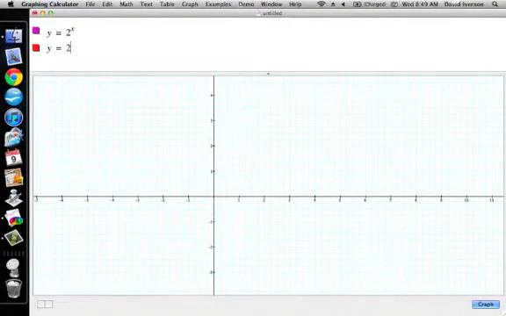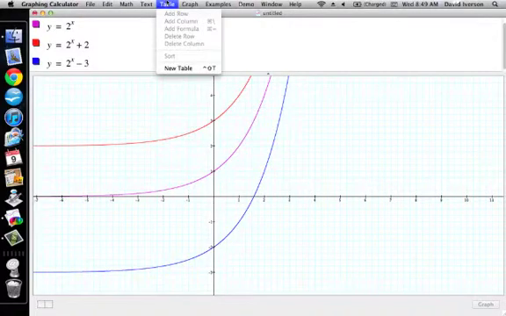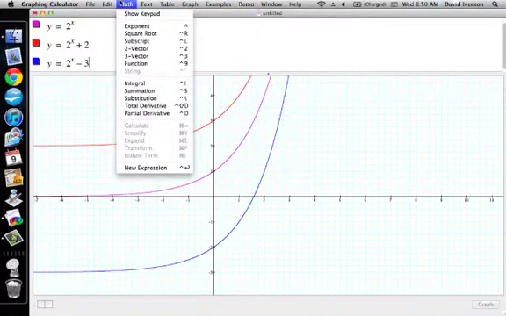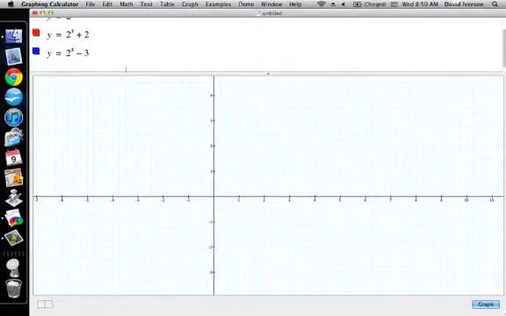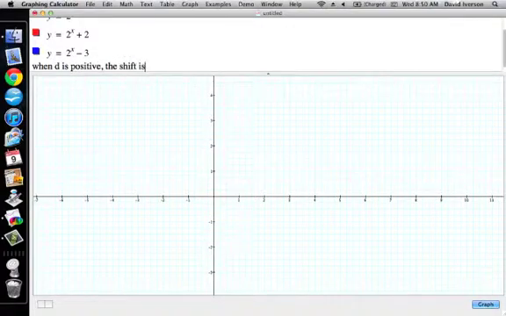Y equals 2 to the x plus 2, and y equals 2 to the x minus 3. And you guys should be able to figure this out. So when d is positive, the vertical shift is up.